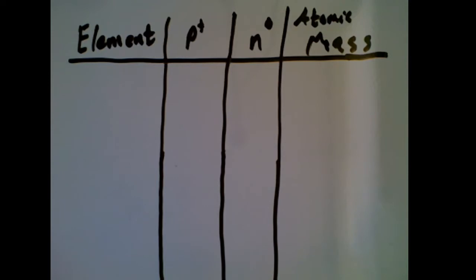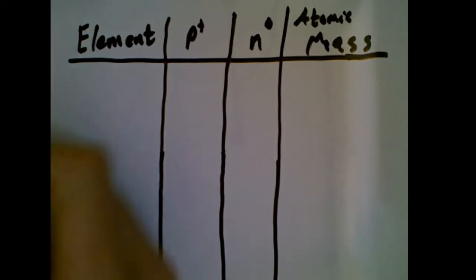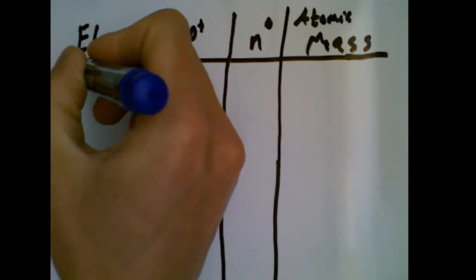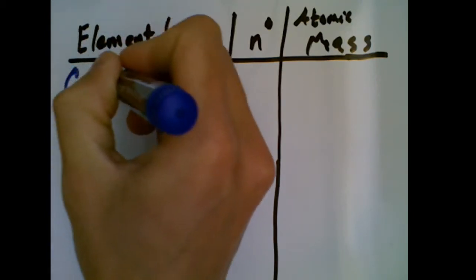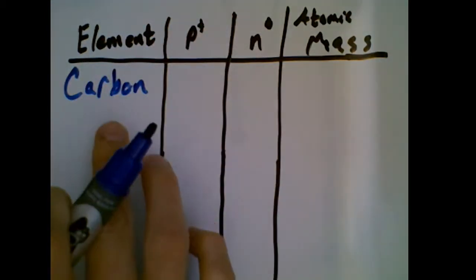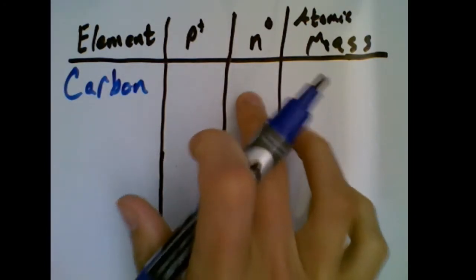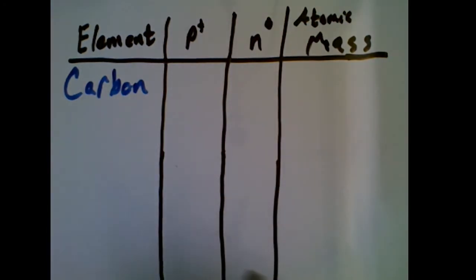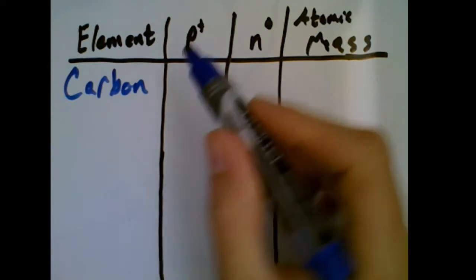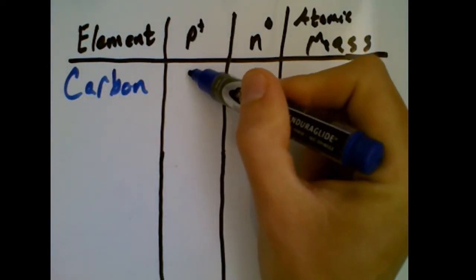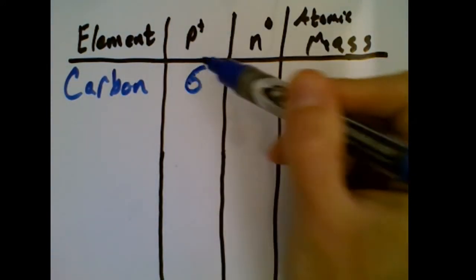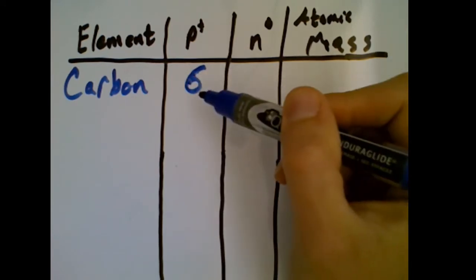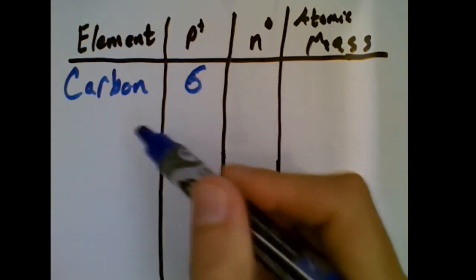Okay, so let's take a look at one specific element. We're going to take a look at the element carbon. And what I want to do is talk about the different ways that carbon can have neutrons and how that ultimately affects the atom. You see, carbon always has 6 protons.